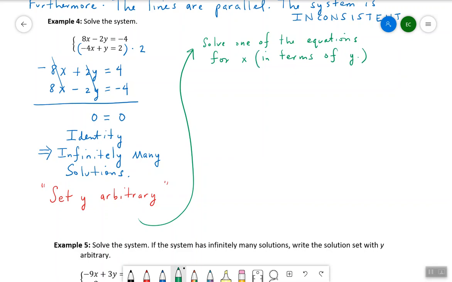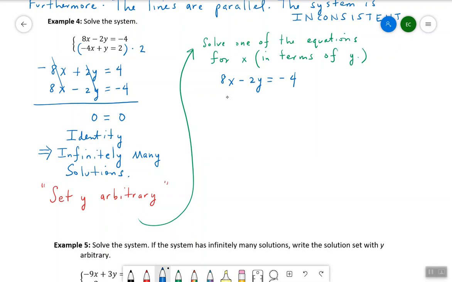When we solve for x, then that must be in terms of y, because y is the other variable. So when we set y arbitrary, we solve for x. So let's take that first equation. It doesn't matter which equation we use, they're equivalent.